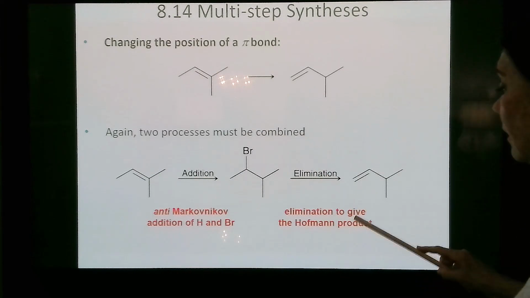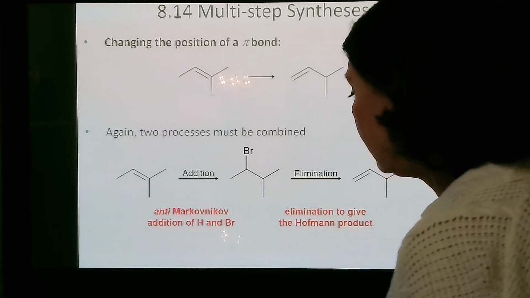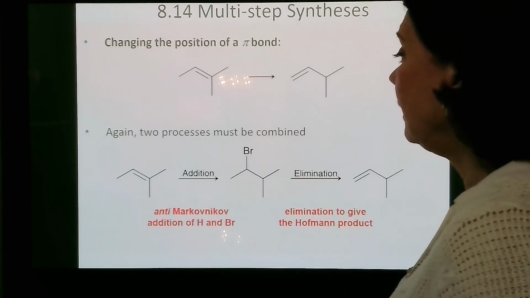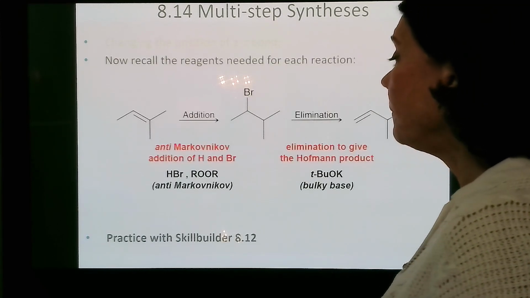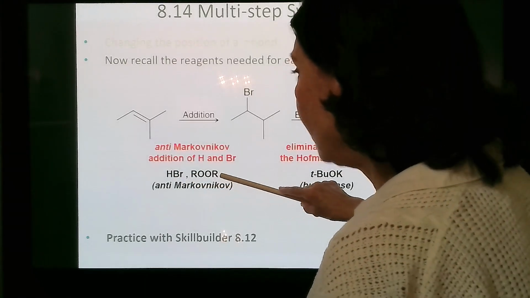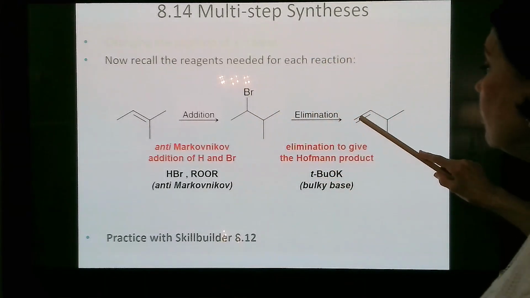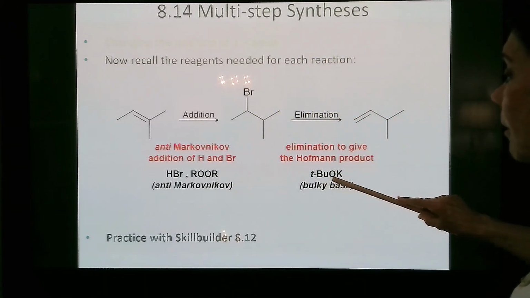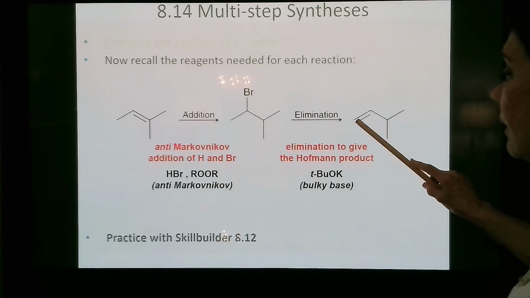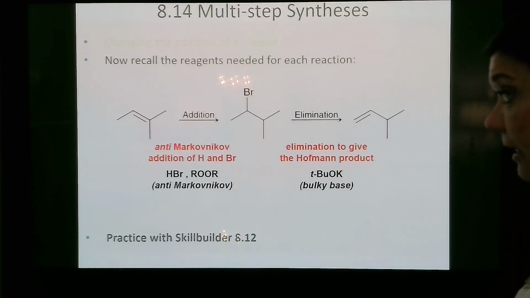And then you can do the elimination to give the Hofmann product, the less highly substituted alkene. Remember that if you use HBr and peroxides, you will get the anti-Markovnikov addition. And then use the bulky base, and you will get the elimination to give you the less highly substituted alkene.